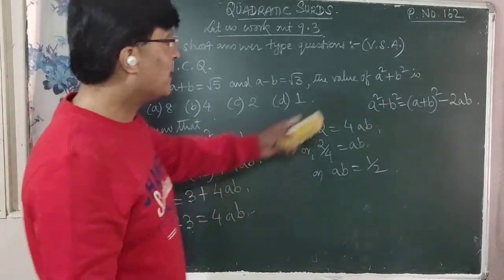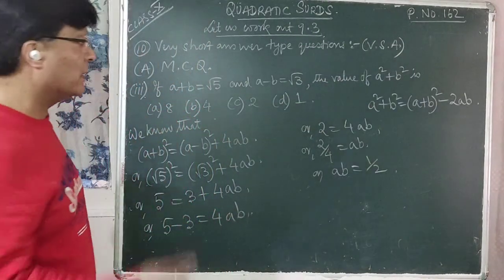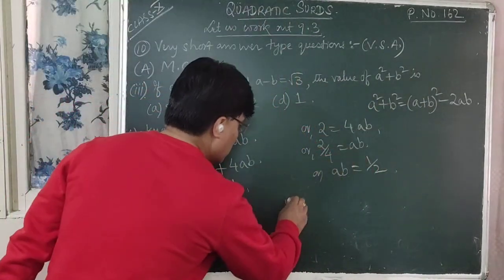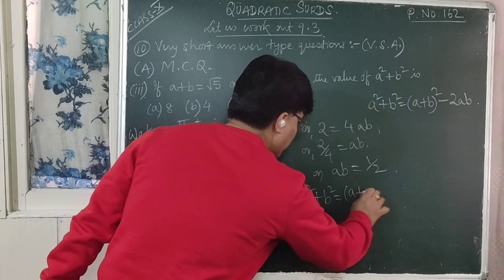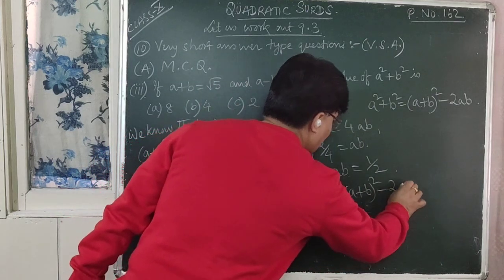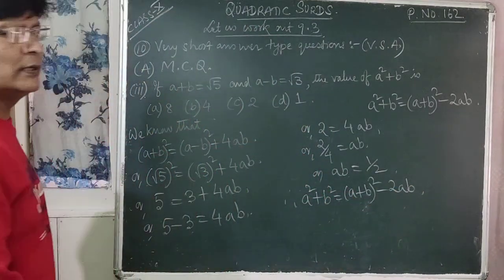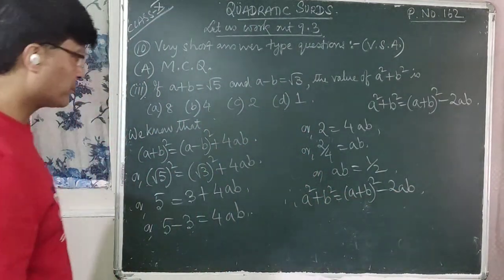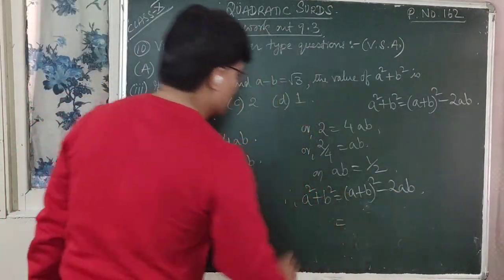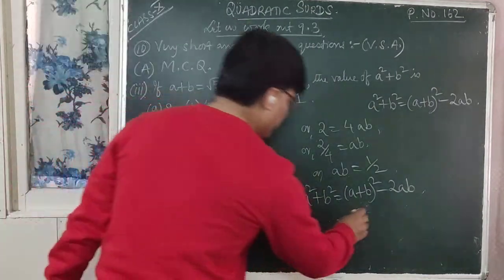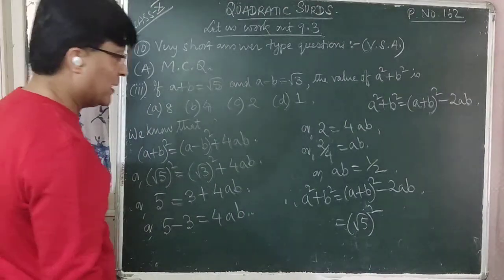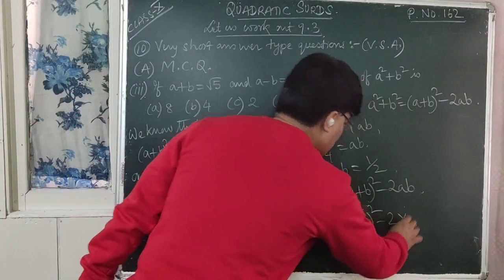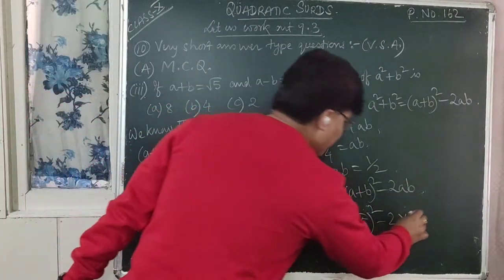Now let us find out the value for a square plus b square. Now you know this formula. Therefore a square plus b square is equal to a plus b whole square minus 2ab. You know this formula, isn't it? What is a plus b whole square? It is root 5 whole square, minus 2 into, what is the value for ab? It is half.